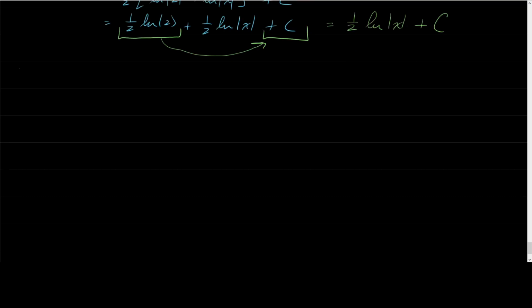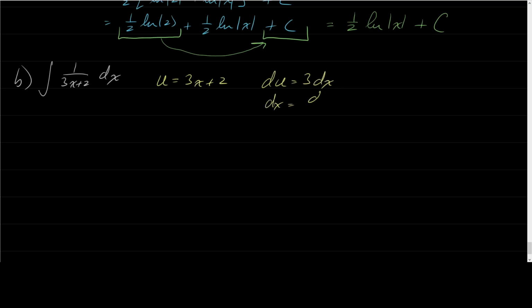B. Let's say that I have the integral of 1 over 3x plus 2 dx. Here, again, I'm going to do a u substitution. Let u be equal to 3x plus 2. Therefore, du is 3 dx, so dx is just du over 3. This becomes the integral of 1 over u, the 3x plus 2 was u, times dx, which was du over 3.